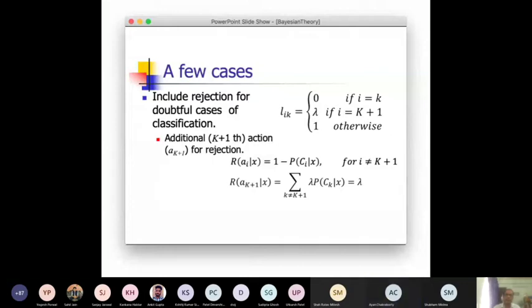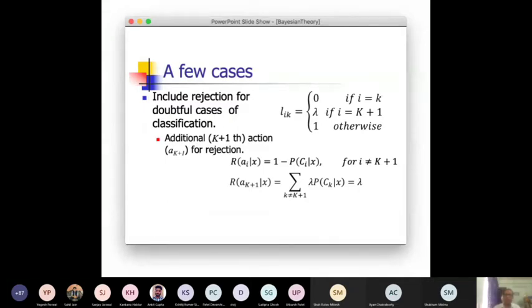You see that you have to compute also the risk of this additional action. Earlier you computed the risk of all the actions which correspond to assignment to one of these classes, and then you also consider another action, not assignment. So this risk is a constant risk for this action.